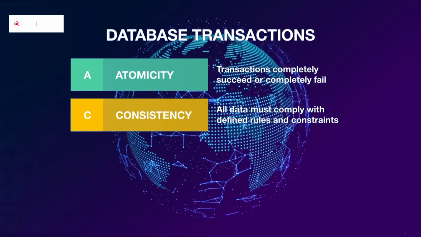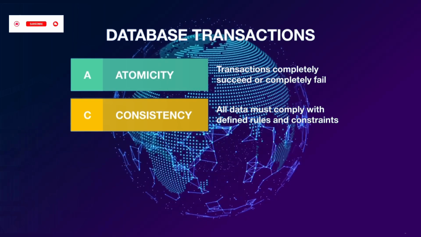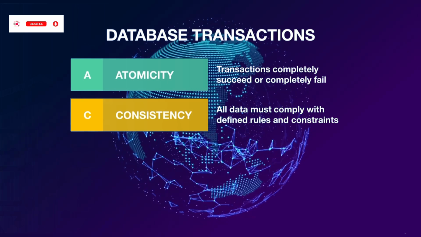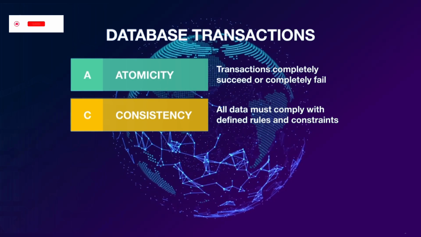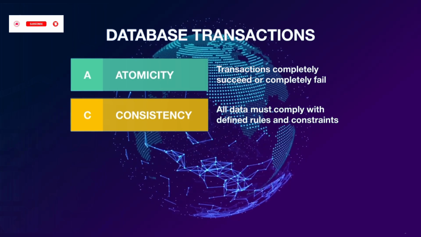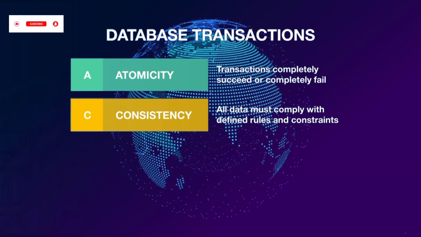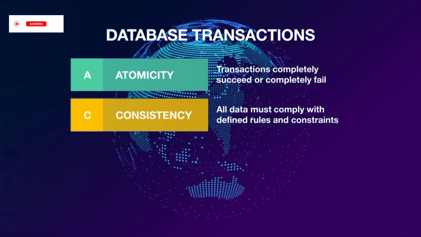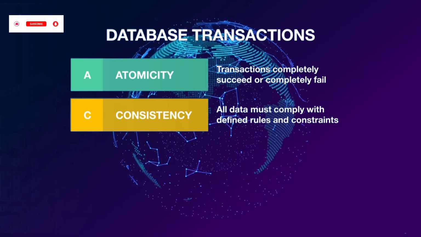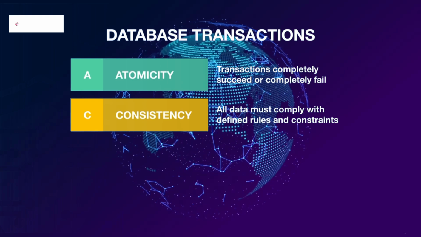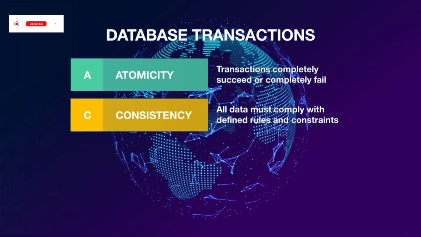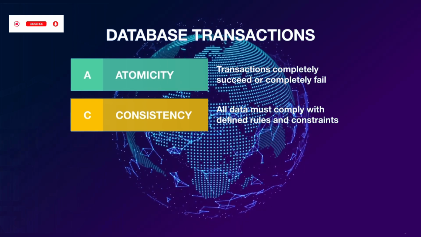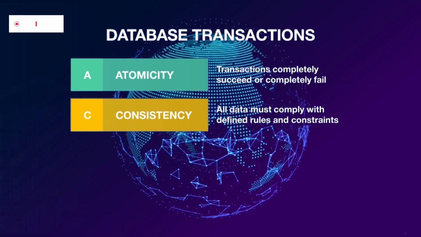There's a C for consistency. This is where all data must comply with defined rules and constraints. So when we set up rules in terms of what the fields can look like, pretty much the schema, how everything is going to work together, how the data is constructed in the tables, those kinds of things. If the data doesn't meet those rules or constraints, then it gets rejected.